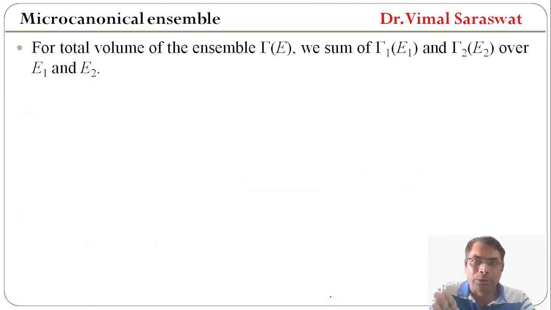For the total volume of the ensemble, that is gamma E, we sum gamma 1 E1 and gamma 2 E2 over E1 and E2.